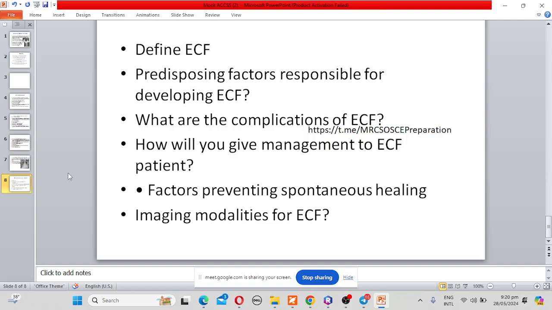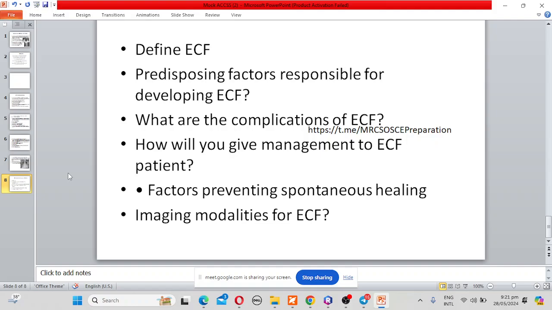Surgical management is usually required if there is peritonitis, sepsis, or any complications. Peritonitis and sepsis, you will mention those two words. These are the indications for surgery.